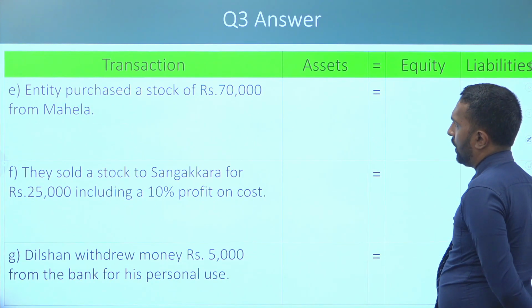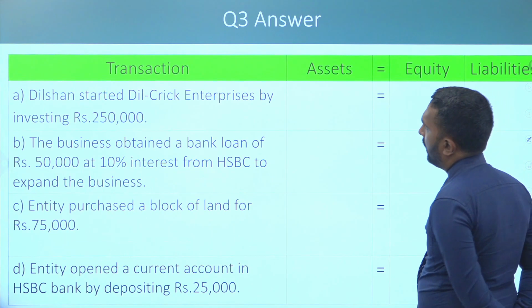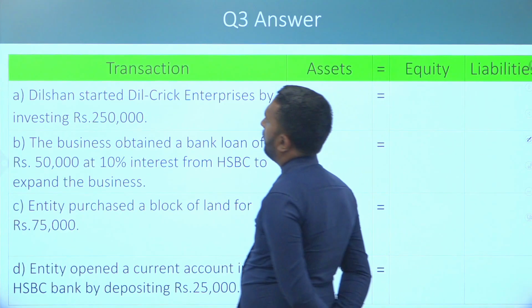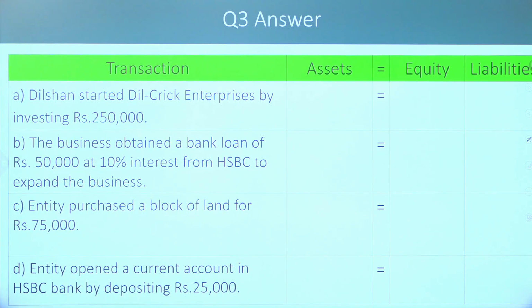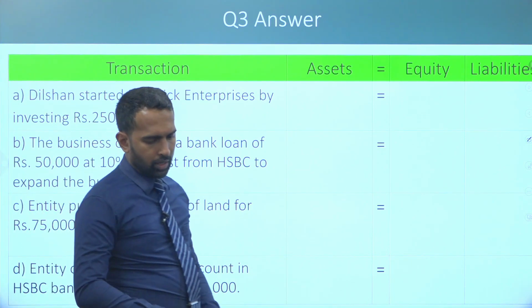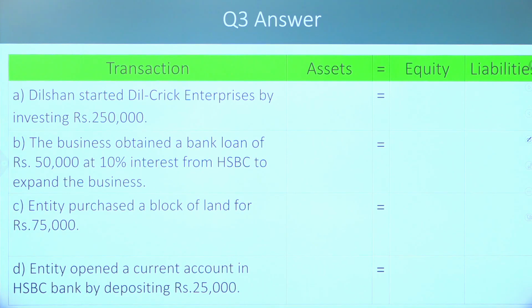I have put the transactions here. I'll give you a couple of minutes to attempt these questions first. The tut is in the WhatsApp group, so download it if you haven't.